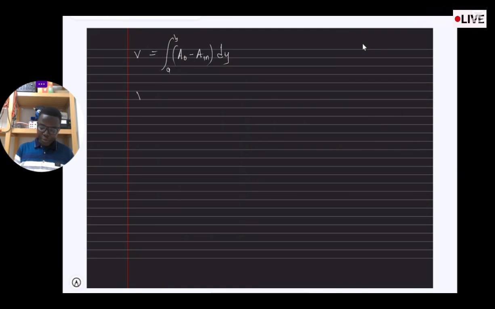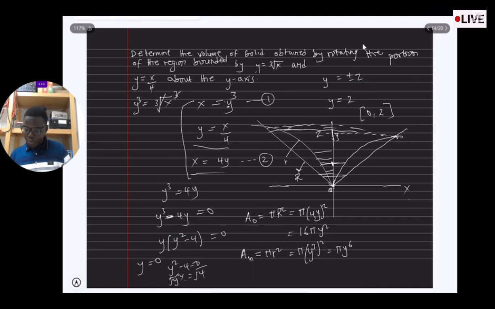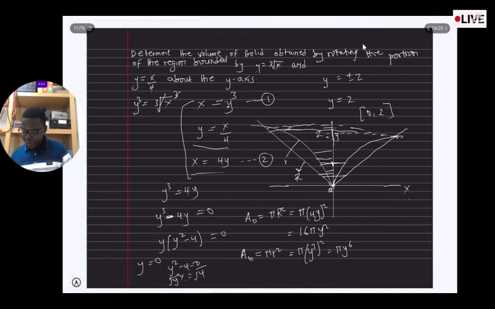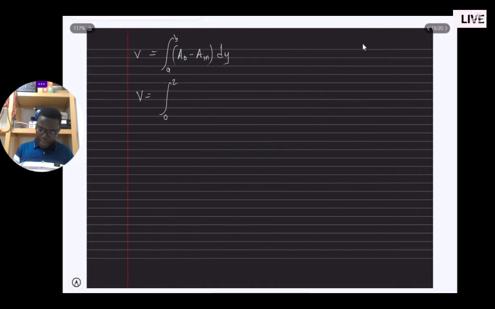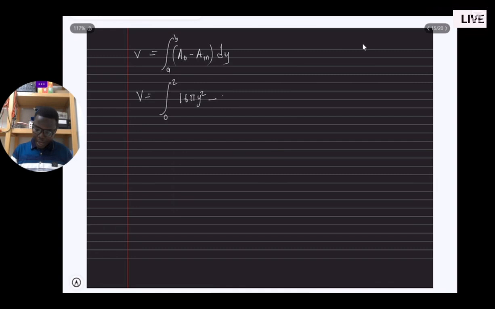So V is equal to the integral with the limits of integration from 0 to 2 on the y-axis. We know that A_O is 16 pi y squared, and then minus A_in, which is pi y to the power 6.